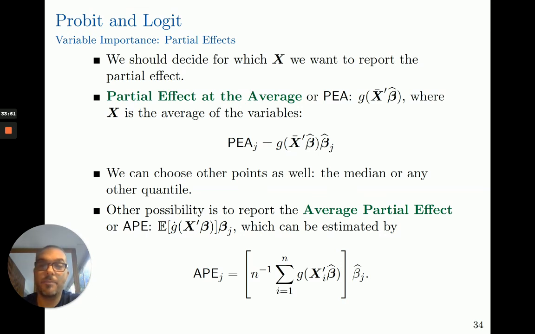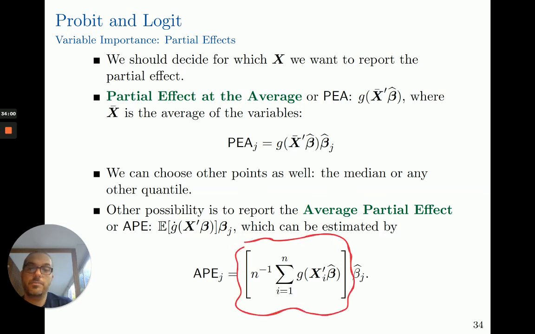We take the average of the g functions over all the observations, and we multiply by our estimate beta.